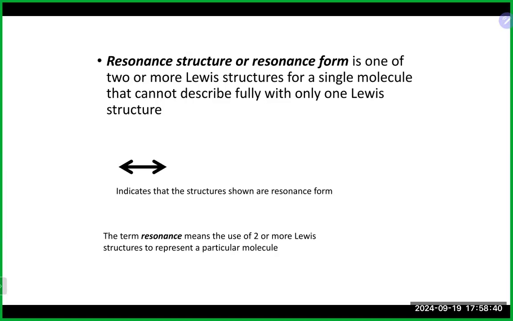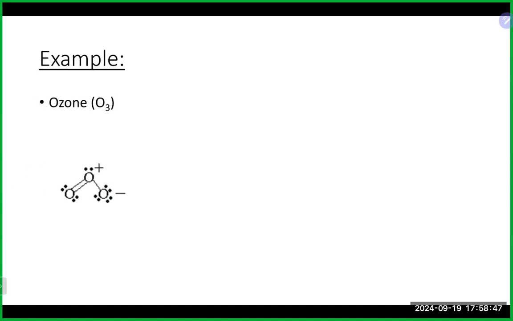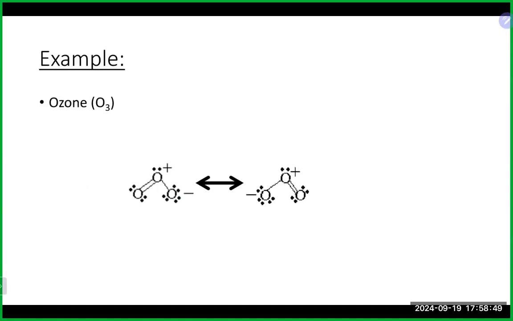And again, we use these arrows here to indicate that we have more than one structure that can happen. A couple of examples as we saw here, ozone, we could move the double bond from the left-hand side to the right-hand side. The charges here are the formal charges on each of those elements.